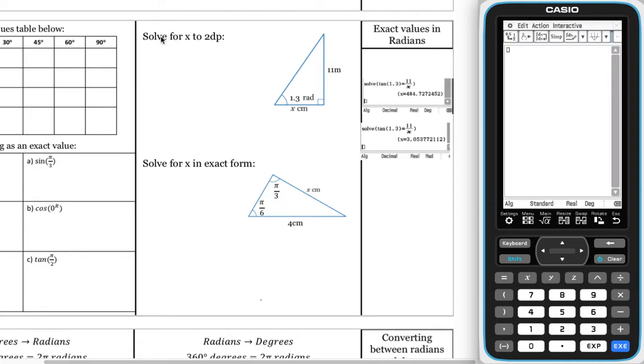In this question it says solve for x to 2 decimal places. What we have here is a right angle, so we can just use our normal right angle trig, except that we are going to be using radians instead of degrees. Firstly, we need to choose our trig function. In this case we have an angle, 1.3, opposite and adjacent.